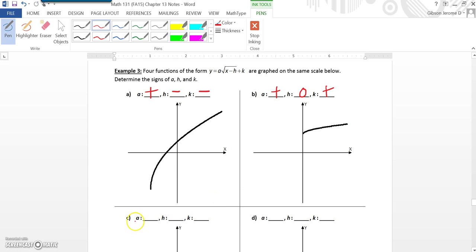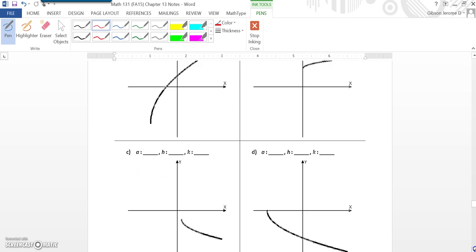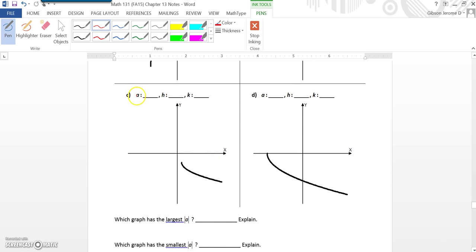Now with our C, let's take a look at this graph. For a, the graph is going down, it's decreasing, so it's negative. h, you notice that the graph shifted to the right, so it's positive. And then finally k, the graph is going down, so it's negative.